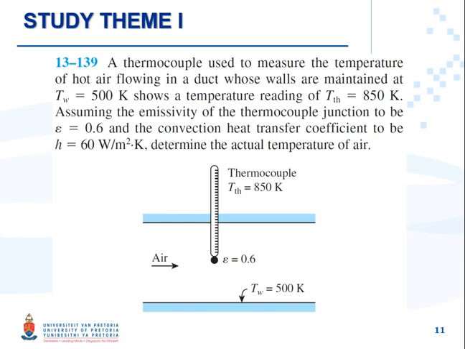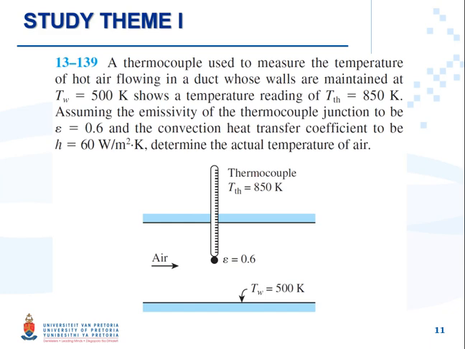So basically, when a thermometer or thermocouple, whatever, is placed in a medium, heat transfer takes place between the sensor of that thermometer and the medium by convection until the sensor reaches the temperature of the medium. On the other hand, when the sensor is surrounded by surfaces that are at a different temperature than the fluid, radiation also takes place.